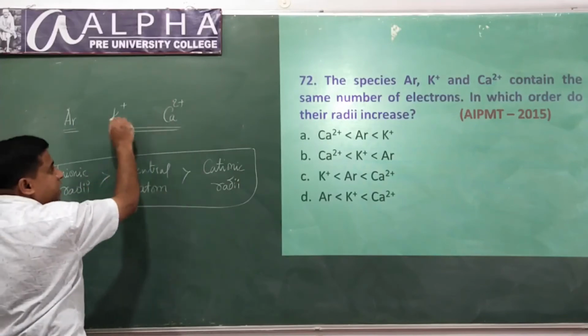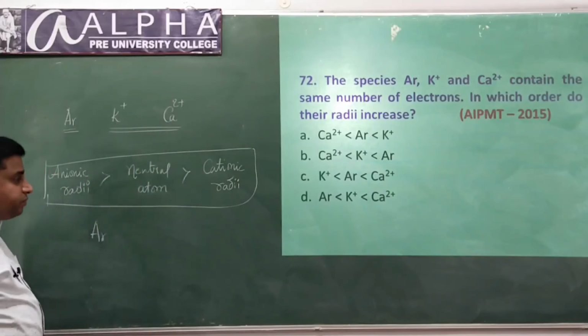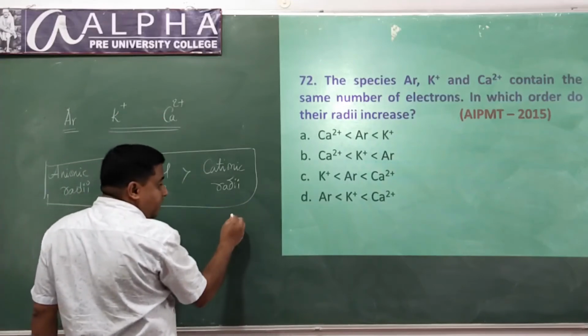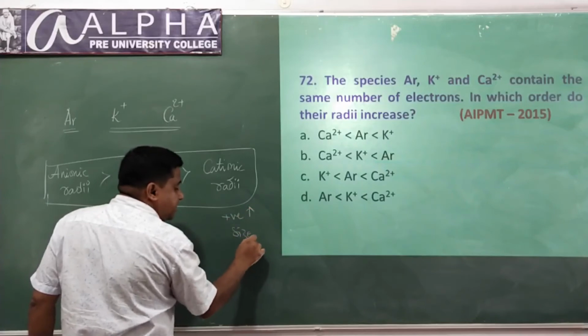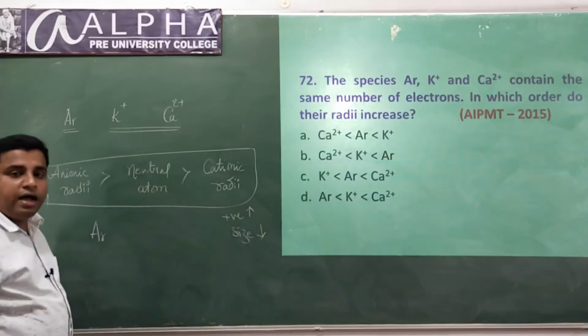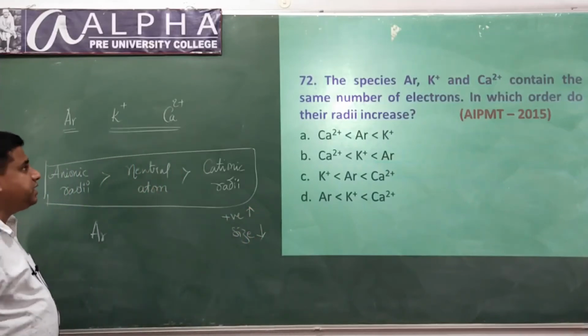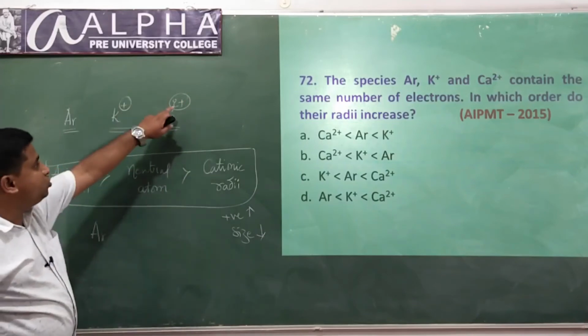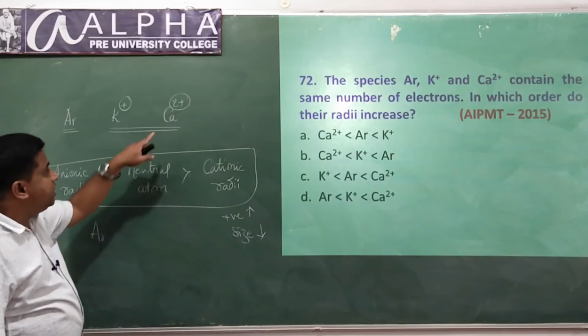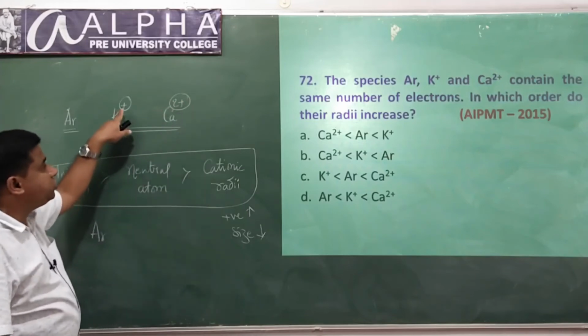But out of these two cations, which one is bigger and which one is smaller? I have told you, among cationic radii, higher the positive charge, lesser will be the size. Ca2 plus has a +2 charge and K plus has a +1 charge. Here the positive charge is more, here it is less.